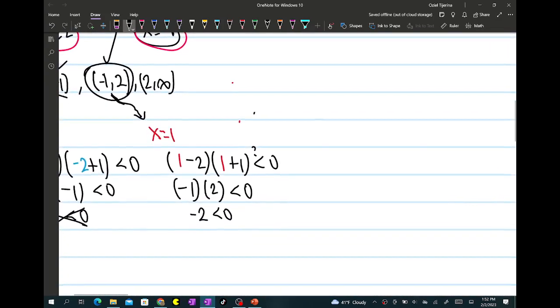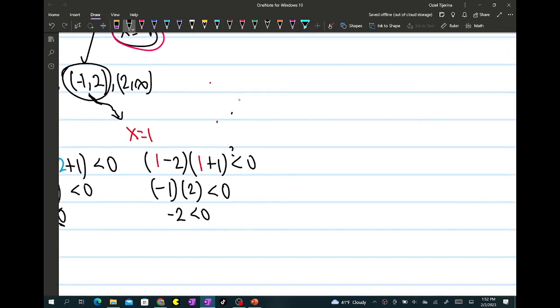And now we have from 2 to infinity. So I'm going to do the same thing over here, and I'm going to pick a number between 2 and infinity, and I'll do x equals 3. So I have the quantity 3 minus 2 times the quantity 3 plus 1, less than 0, right?